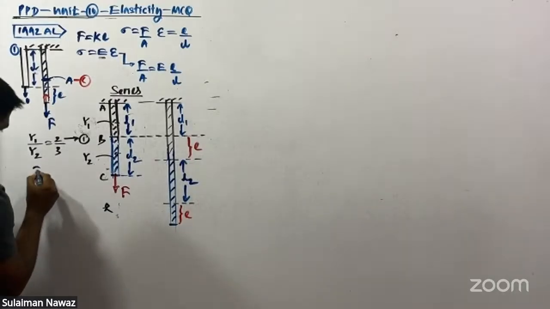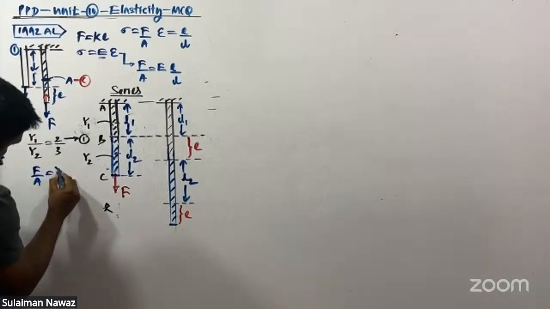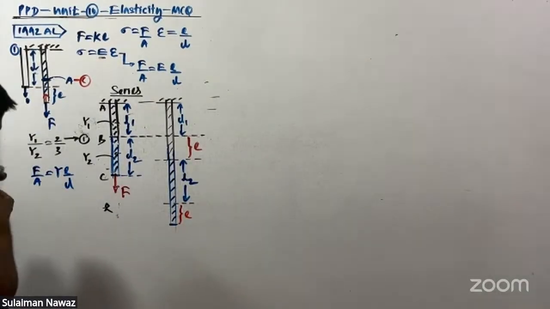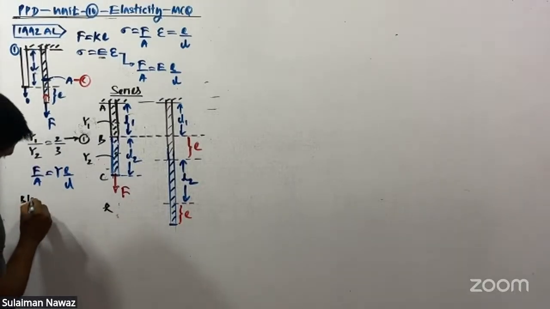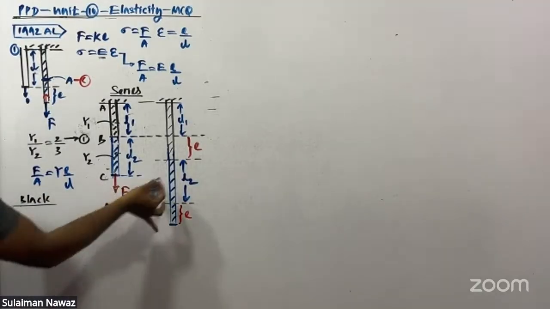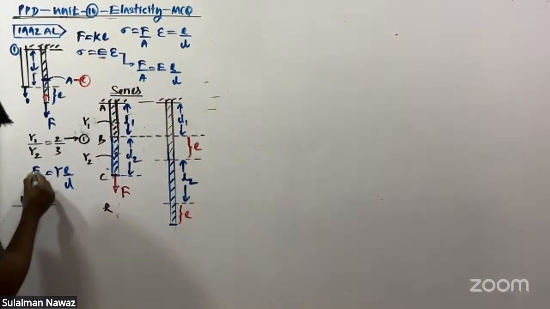When you apply it, F over A equals Young's modulus times e over L. If you apply it for the black color rod number 1, the external force acting on rod number 1 is the same as F.